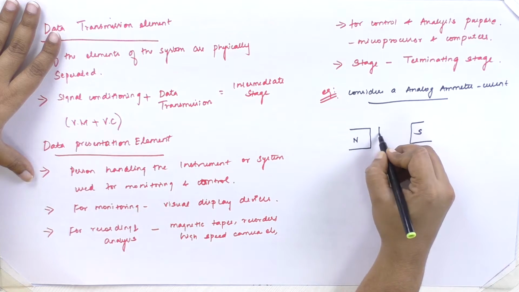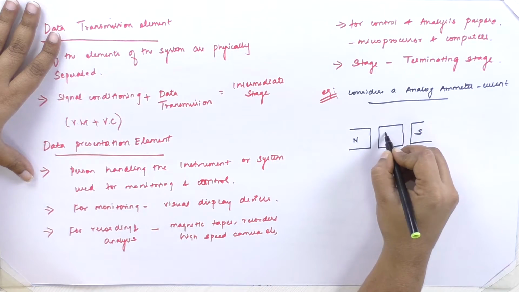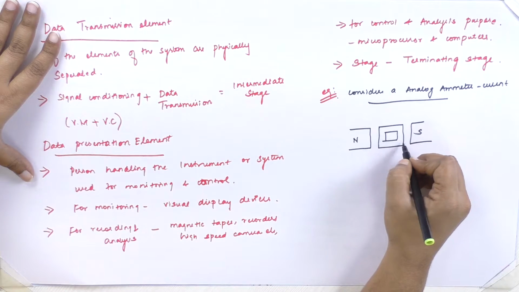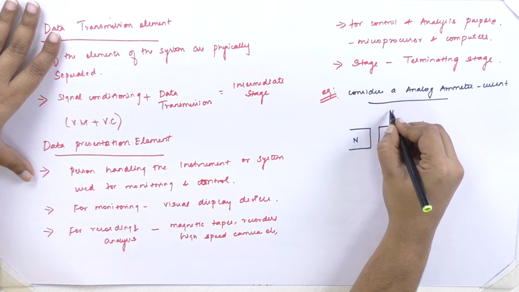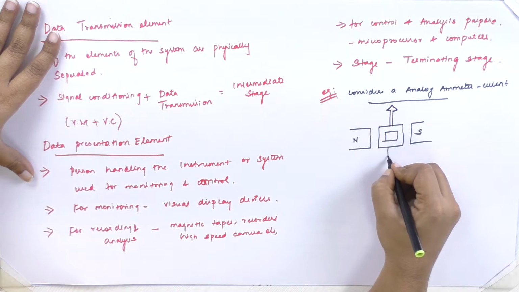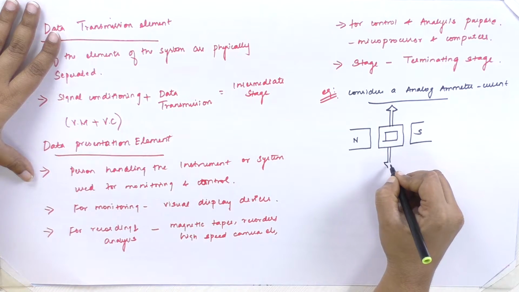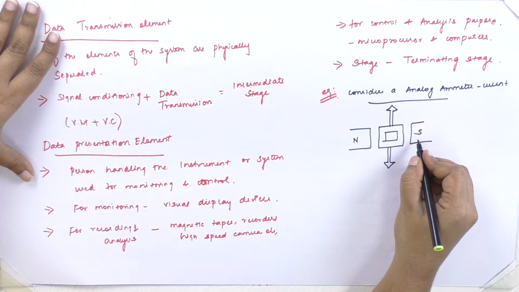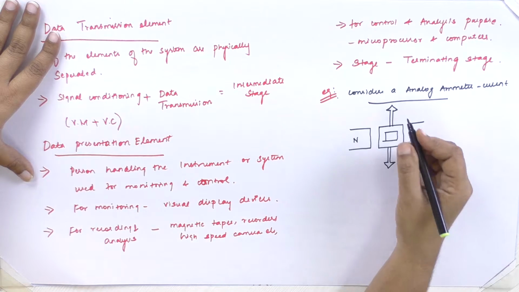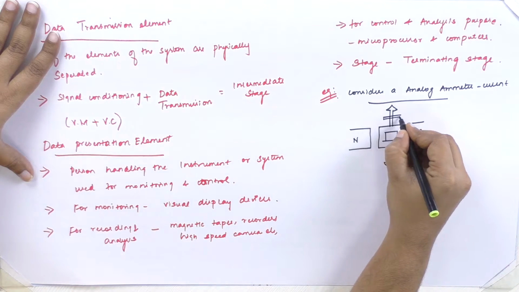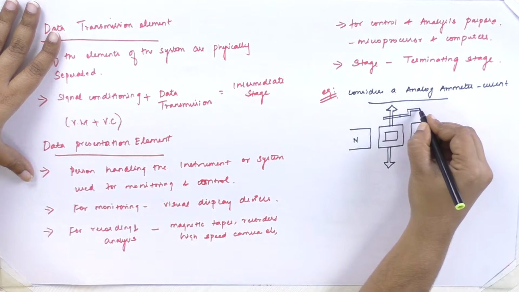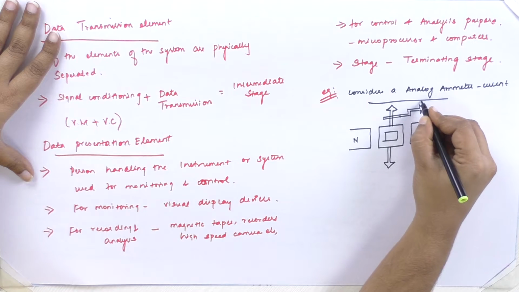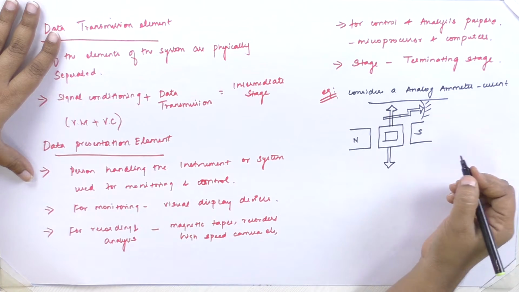In between the permanent magnet there will be an iron core over which the moving coil will be wound. The moving coil will be suspended with the help of a spindle which will be free to rotate in between this permanent magnet, and there will be a pointer arrangement connected to the spindle where this moving coil is attached, and this pointer will move over the graduated scale.